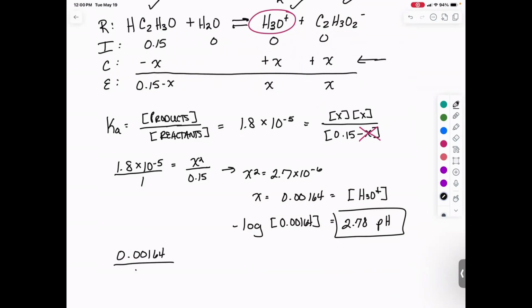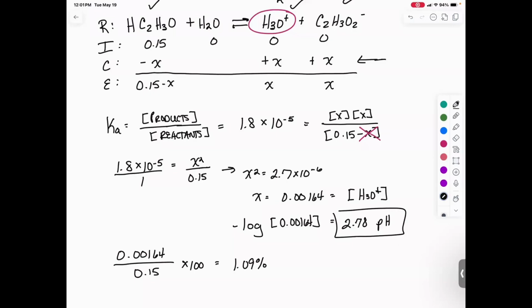To find percentage, we're simply going to take the ratio of our X value, 0.00164, divide it by 0.15, and then times 100. I get 1.09%. Okay, so what does that tell you?